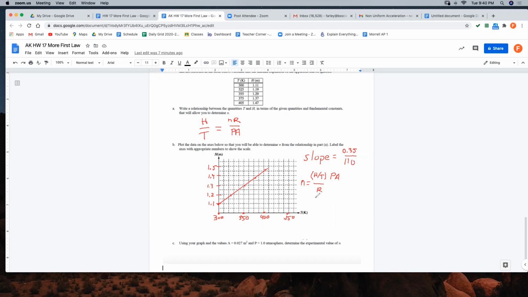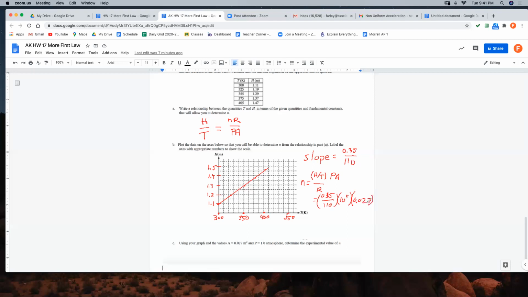All right, well, let's see. So I've got H over T is 0.35 over 110. My pressure is 1 atmosphere, but I need to convert that into Pascals. So I'm just going to call that 10 to the 5th Pascals, because I know that 1 atmosphere is like 1.01 times 10 to the 5th Pascals. So let's round that down a little bit. My area is 0.027.